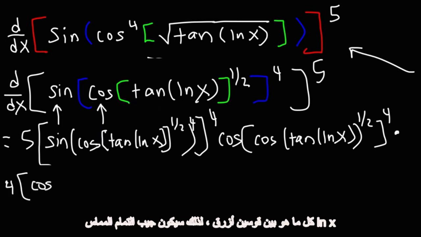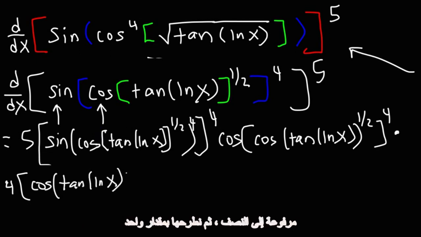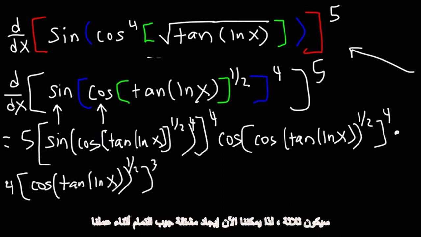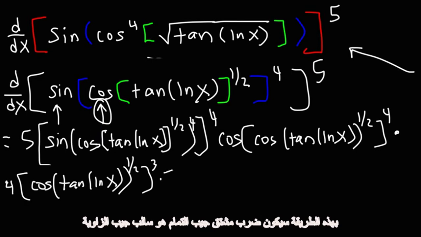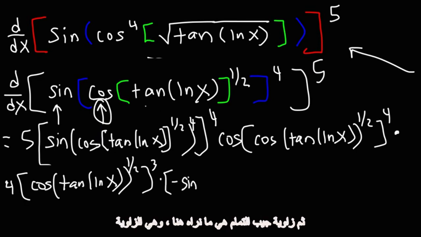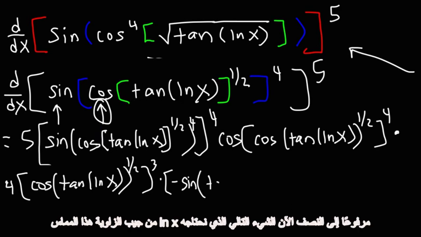So it's going to be cosine tangent ln x raised to the 1/2, and then we're going to subtract this by 1, so that's going to be 3. So now we could find the derivative of cosine as we work our way in. So it's going to be times, the derivative of cosine is negative sine, and then the angle of cosine is what we see here. So that's going to be the angle of sine, that's tangent ln x raised to the 1/2.